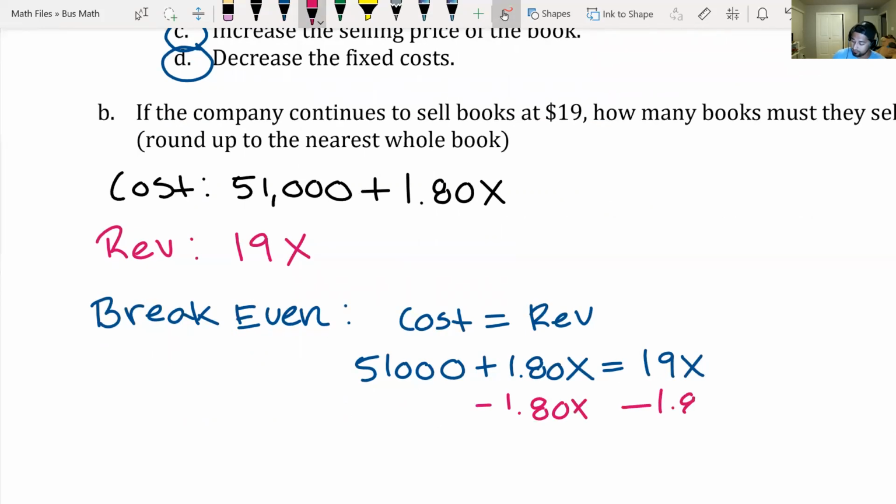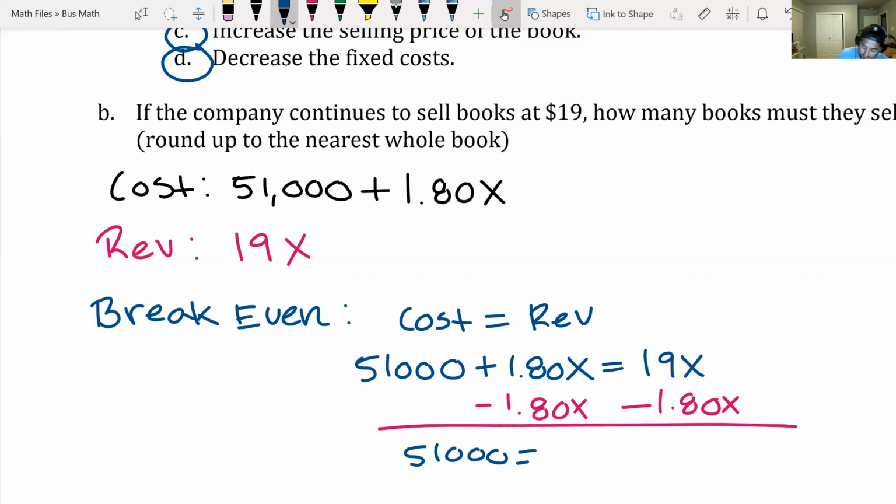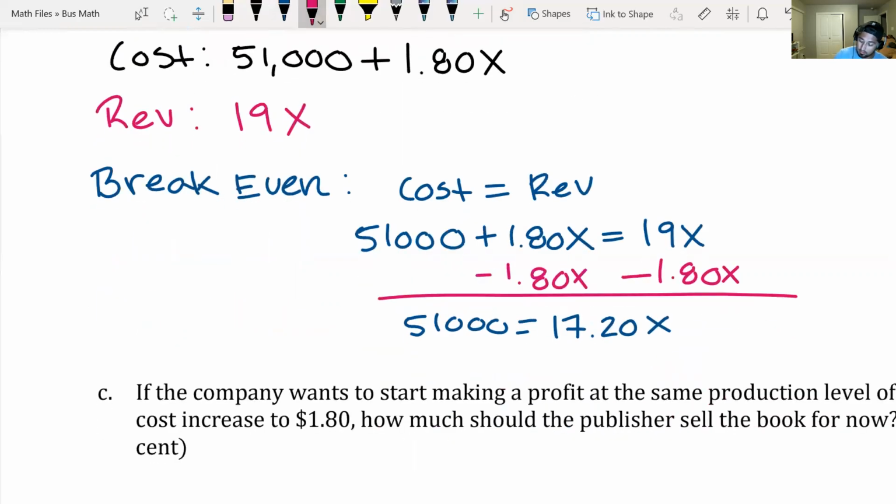Subtract $1.80x. And 51,000 will equal, what's that, 1720. And then divide by 1720.